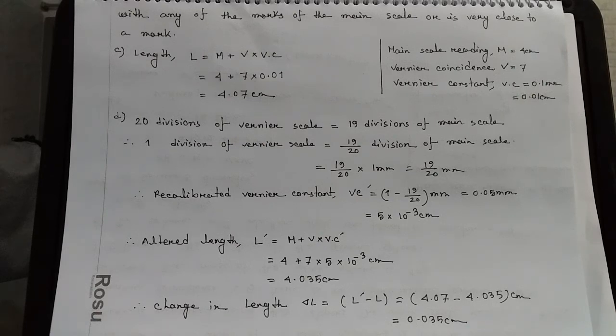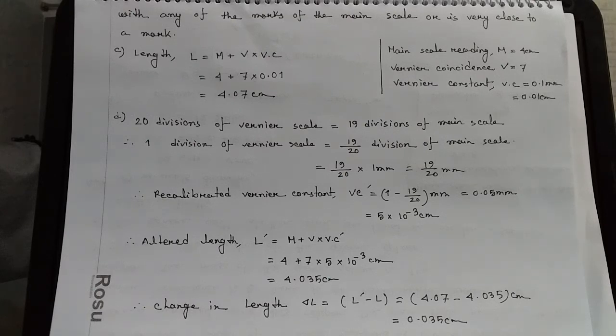From our assumption, one division of the Vernier scale is 19 divided by 20 millimeter, and one smallest division of the main scale is 1 millimeter. So the Vernier constant is 1 minus 19 divided by 20 millimeter, which is 0.05 millimeter, and converted into centimeter, it is 5 into 10 to the power minus 3 centimeter. So this is the recalibrated Vernier constant.